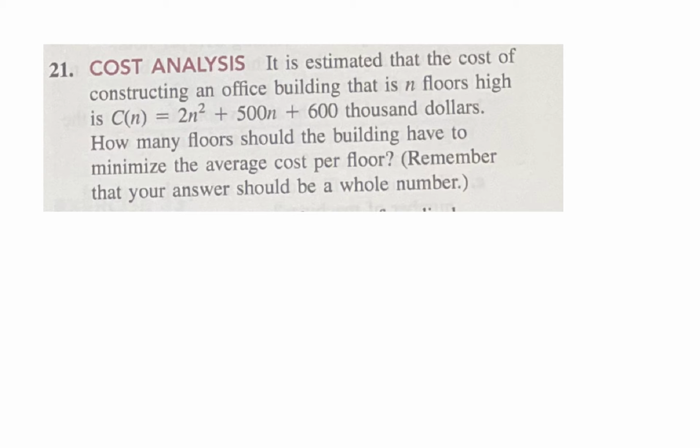Okay, let's do this problem. It is estimated that the cost of constructing an office building is this expression. If you are going to construct only one floor, the cost will be C of 1. C of 1 will be 2 multiplied by 1 squared plus 500 by 1 plus 600.